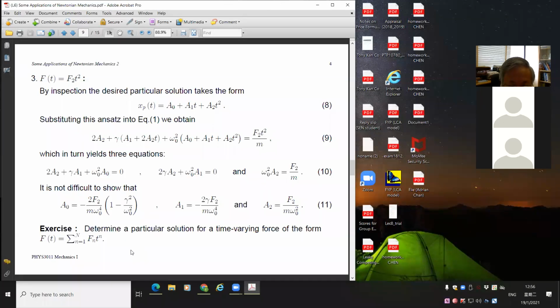Now remember that if it is a constant force, we use a constant. If the force is linear in t, we use a general linear function in t. If we have a force function quadratic in t, then the particular solution is a general polynomial of degree 2, right? So in this case, I think you should use a polynomial of degree n. Am I correct?